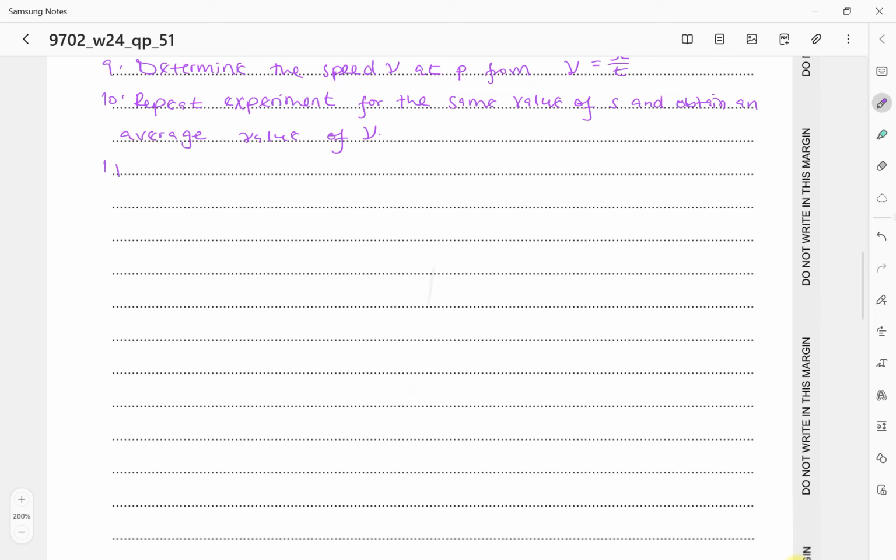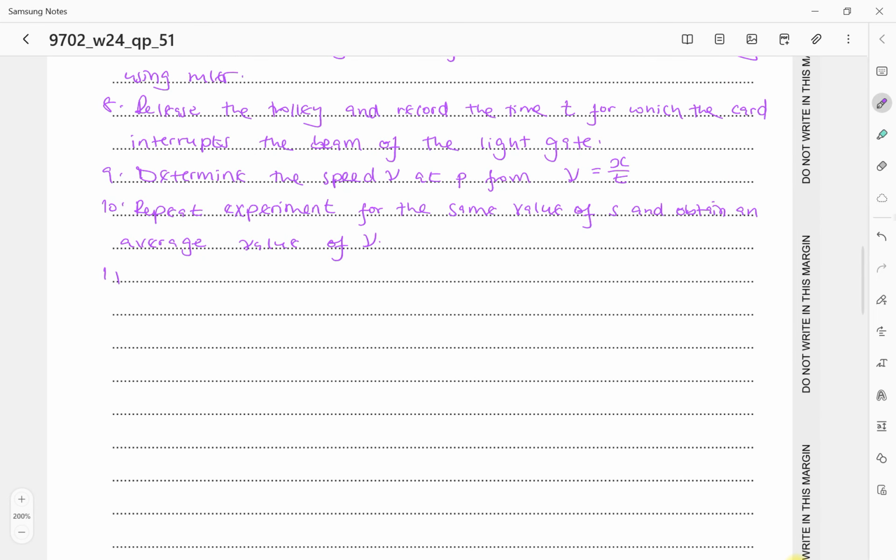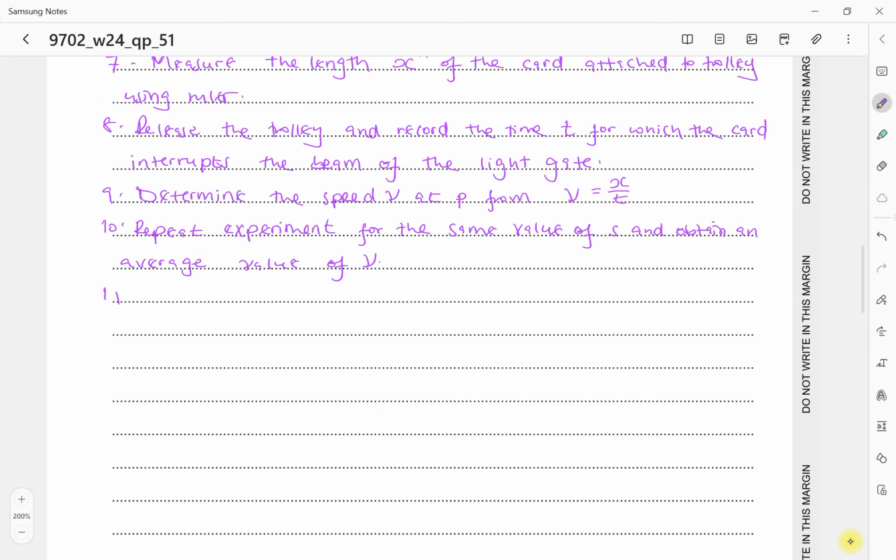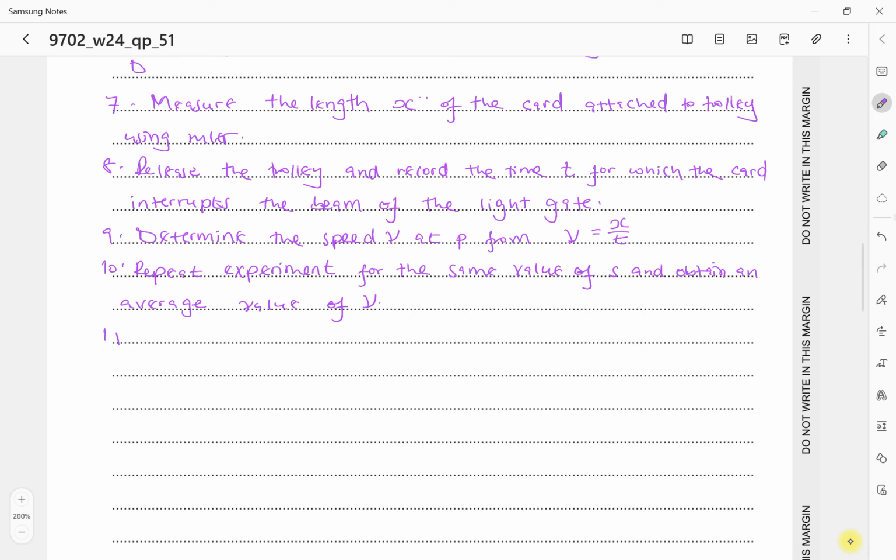So step 11, I'm now going to repeat the whole experiment for different values of s and obtain at least 6 sets of values.